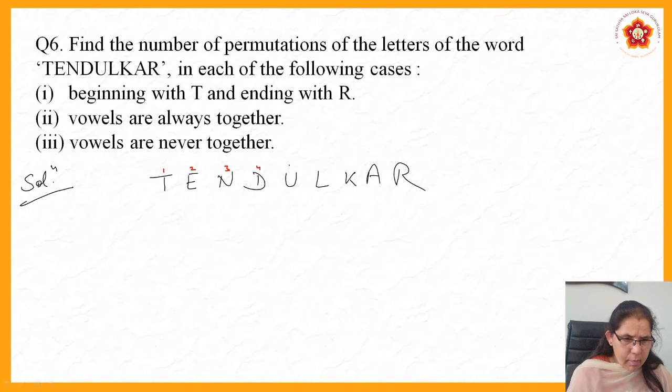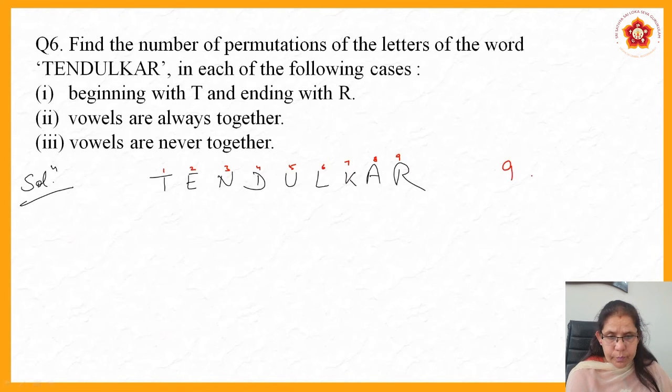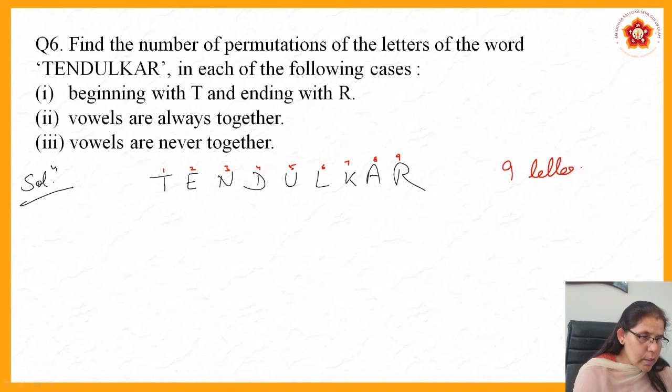We have 1, 2, 3, 4, 5, 6, 7, 8 and 9. We have got 9 letters in the word Tendulkar. So there are total 9 letters.